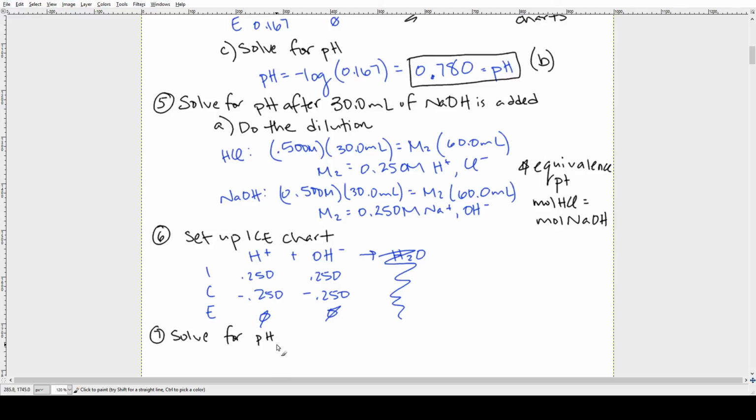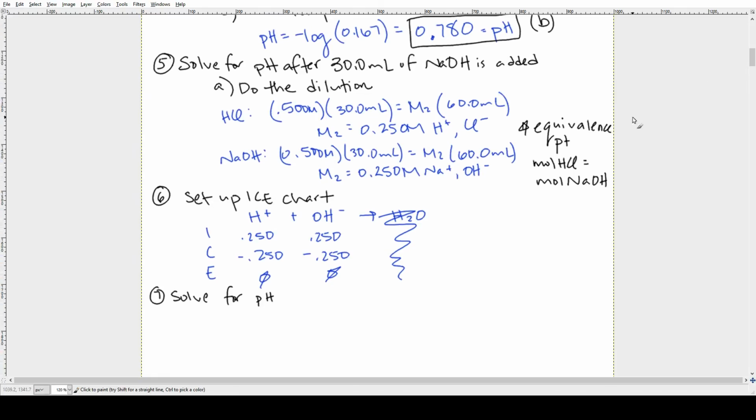So if they are both at 0, well, then where are our hydrogens coming from? If not from our acid and base, they come from our water.